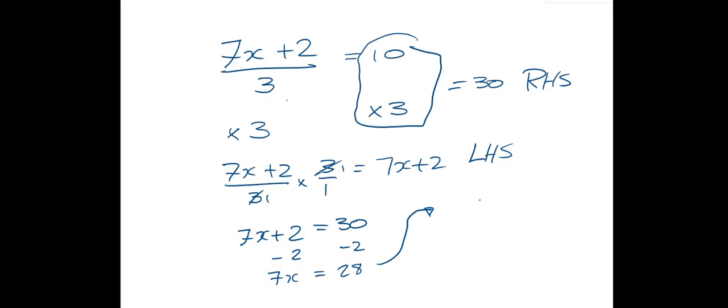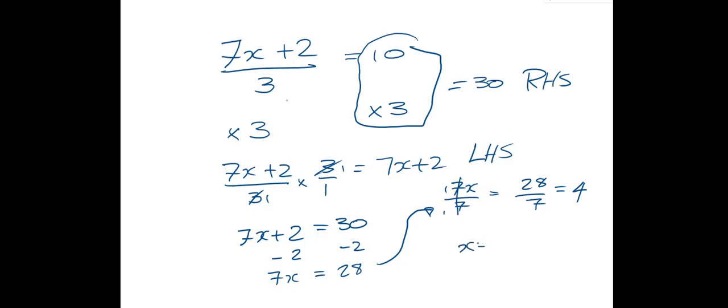So we have 7x equals 28. So now we want to divide both sides by 7. They're going to cancel, they're going to go to 1, and this is going to cancel, and it's going to go to 4. 28 divided by 7 is 4.